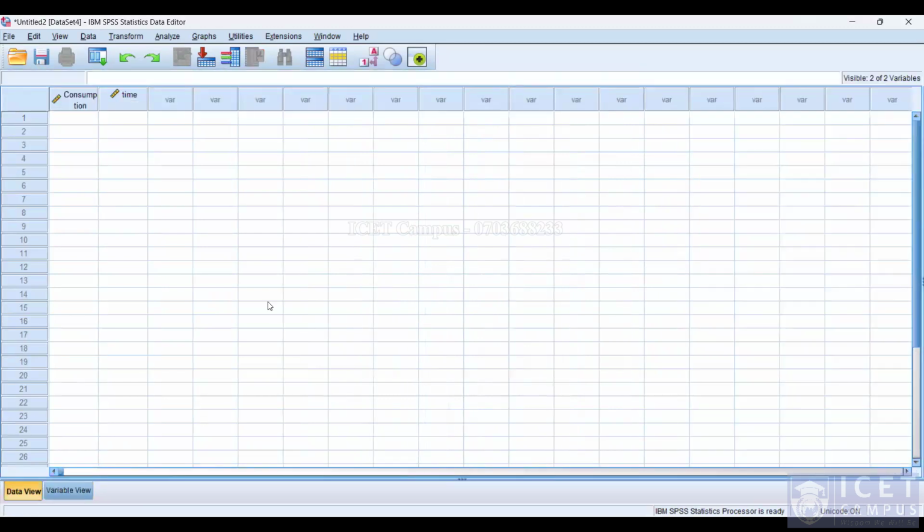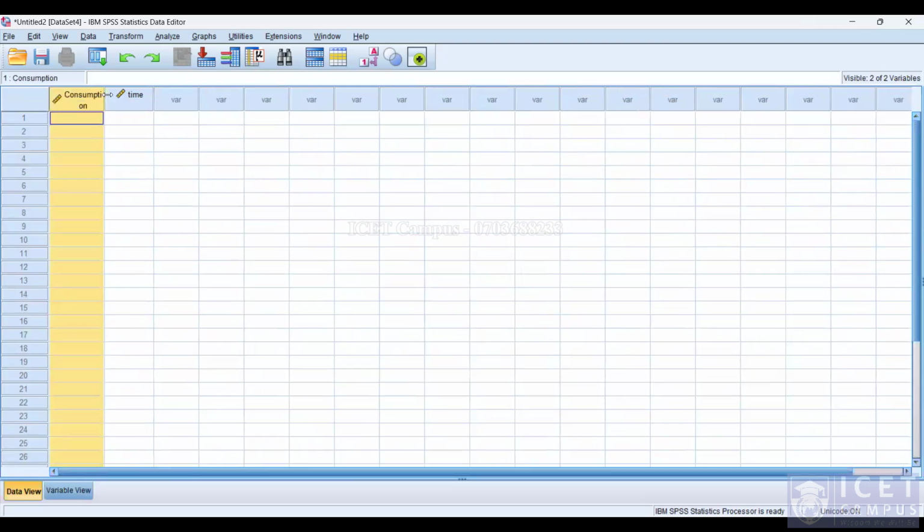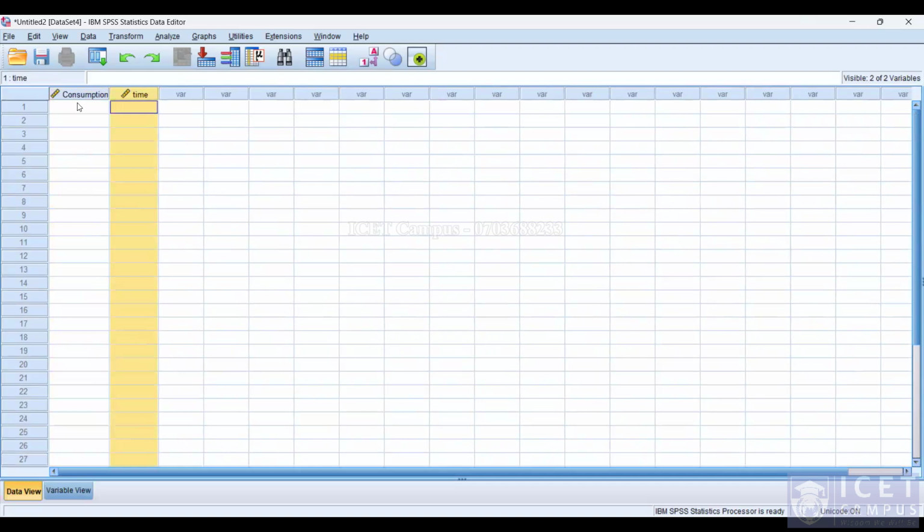Both are scale variables. Then we can enter the data.